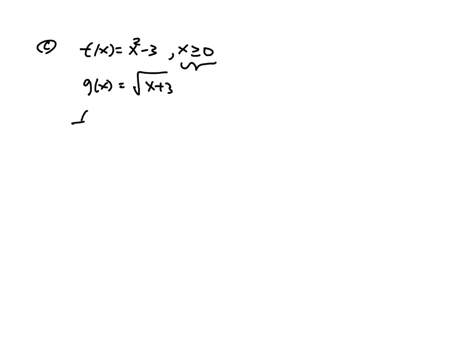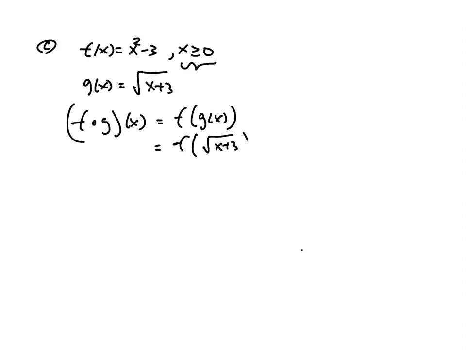So f circle g, hopefully that works. Right, here's the definition for f circle g. So f of square root of x plus 3. Plug in the square root of x plus 3 into f.